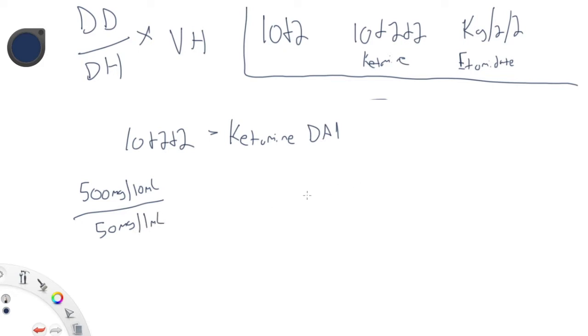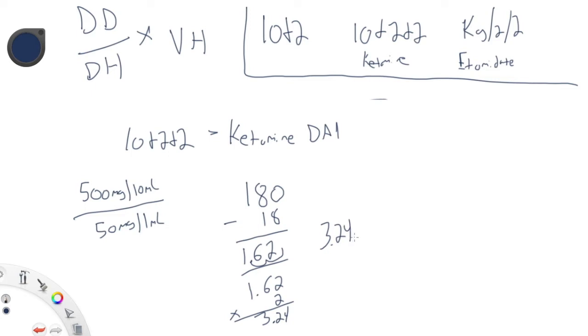The way this works is exactly like the 10 and 2 rule, except we add an additional 2. So if our patient is 180 pounds, we subtract 10%, which gives us 162. We still move our 2 over, so that gives us 1.62, and then we multiply that by 2, which gives us 3.24. 3.24 mLs is our dose for ketamine, and that's how the 10, 2, and 2 works.